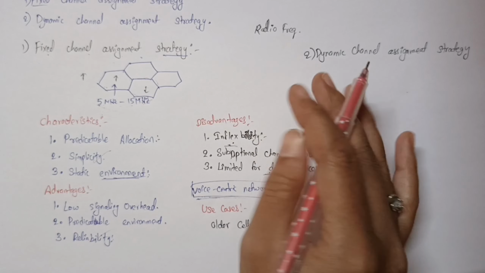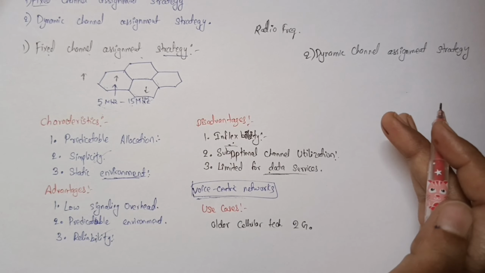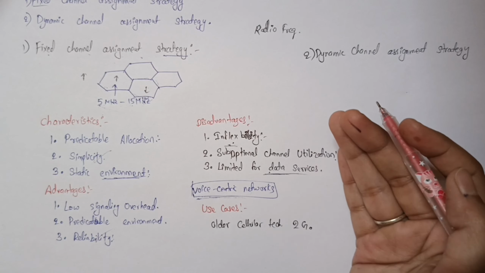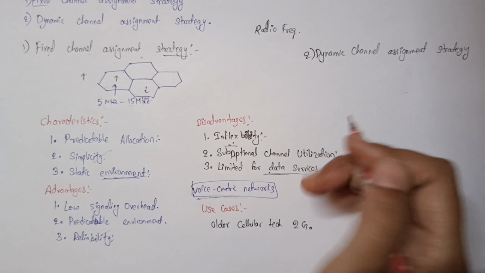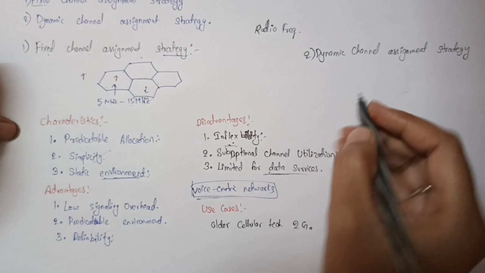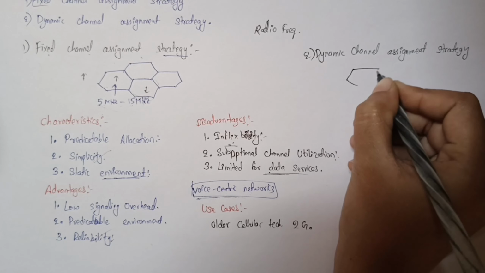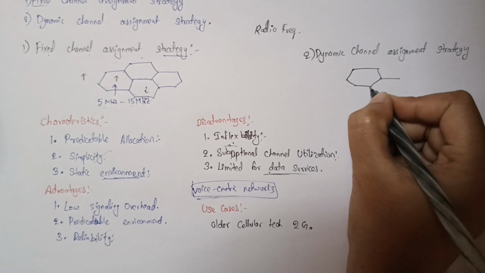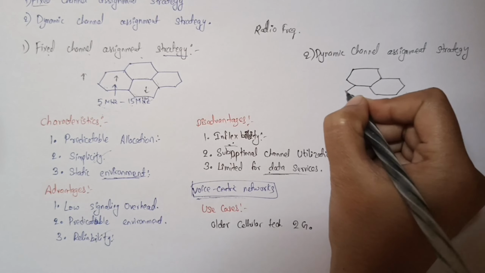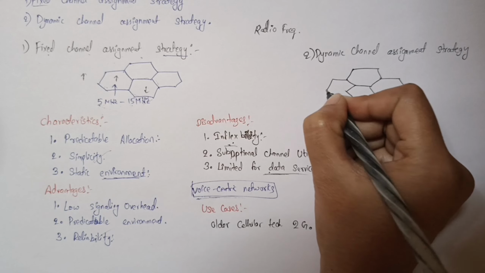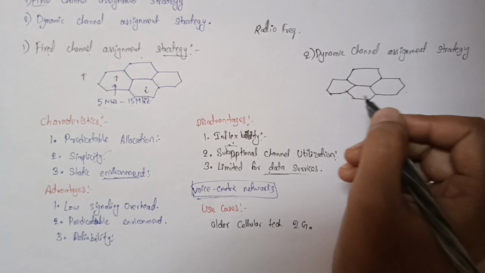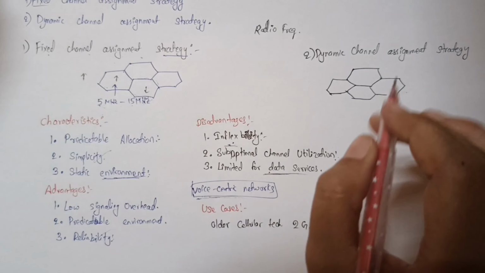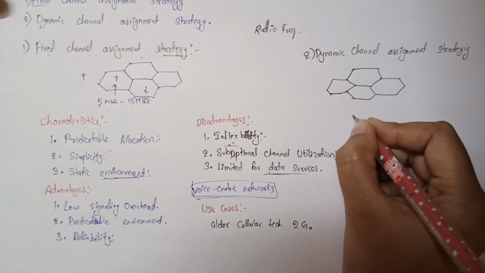The channel assignments are not fixed, and they can change dynamically to optimize the resource allocation. So as you understood, these cells do not have a fixed number of channel assignments, right, and according to demand only they will get the channel. So that is the thing in dynamic channel assignment.